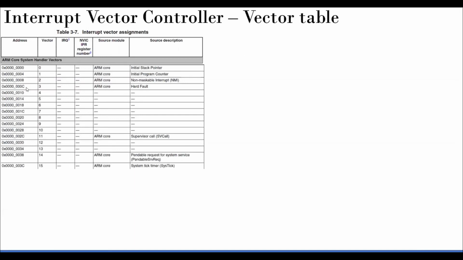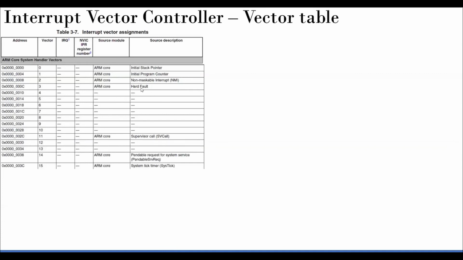And then other things. So at this location, you have a non-maskable interrupt. There is a provision for that, but we don't have any control on it. And this interrupt we will be playing with in the lab. So this is a hard fault. You try to access a non-accessible location. It immediately goes and executes whatever is addressed by this particular location, a pointer to an interrupt service routine, and it will go and execute whatever you write.